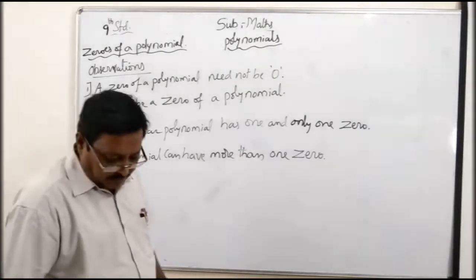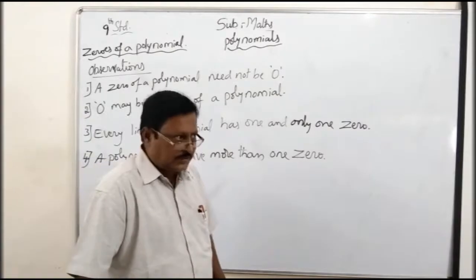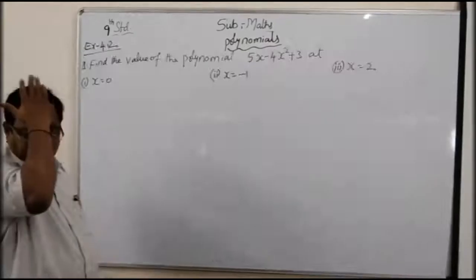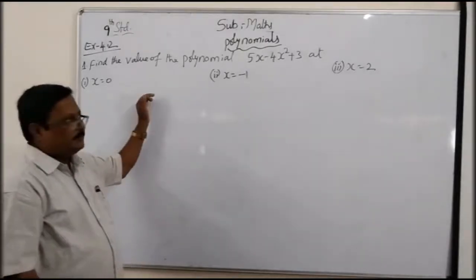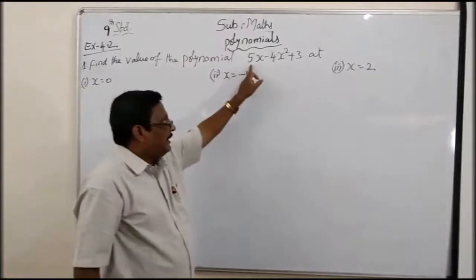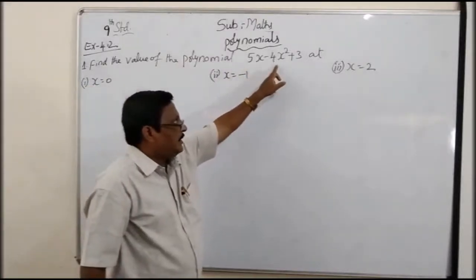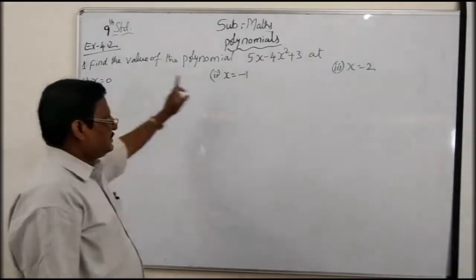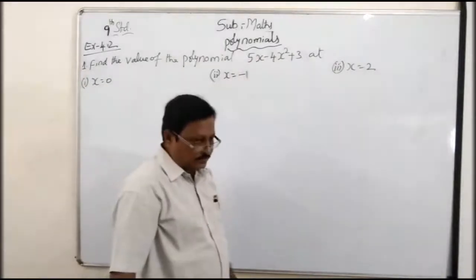Next, exercise number 4.2. Find the value of the polynomial 5x minus 4x square plus 3 at x is equal to 0, first one; x is equal to minus 1, second one; x is equal to 2.